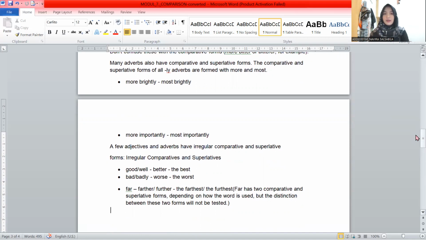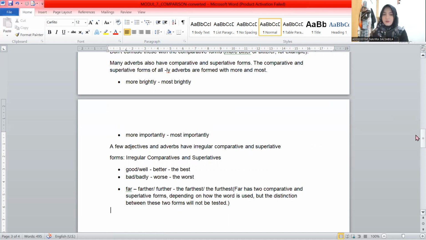A few adjectives and adverbs have irregular comparative and superlative forms, irregular comparatives and superlatives. Good or well, better, and the best. Bad or badly, worse, and the worst.